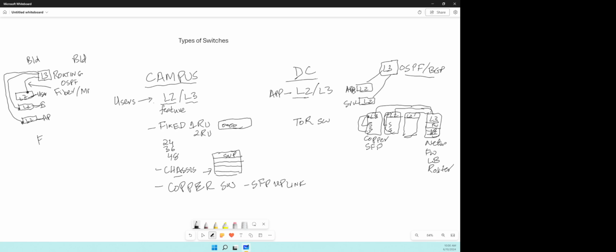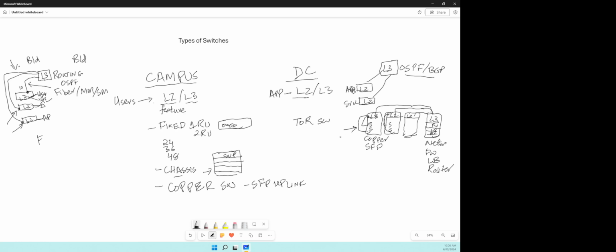So these uplinks are typically higher bandwidth, 10 gig. These are typically copper 1 gig. So 10 gig fiber, multi-mode, single mode, uplinks right here. Same is the case here.